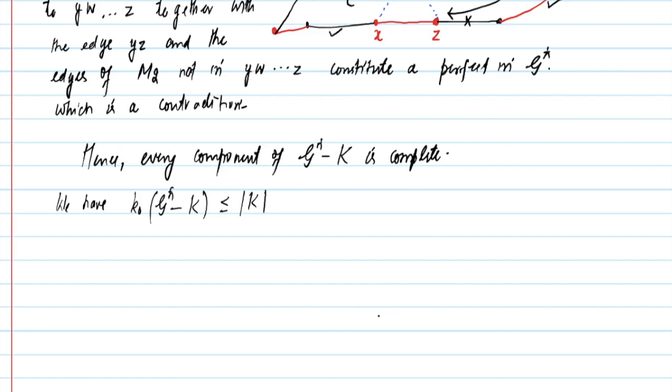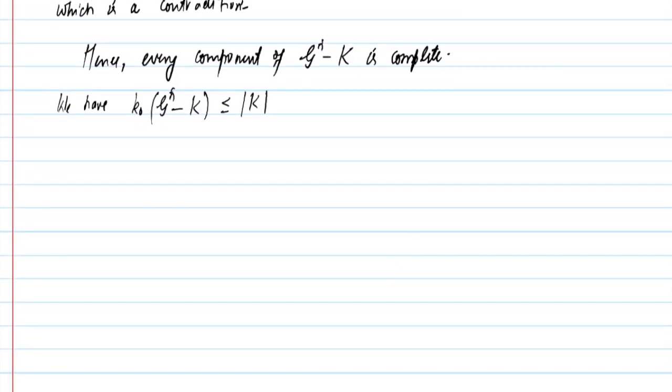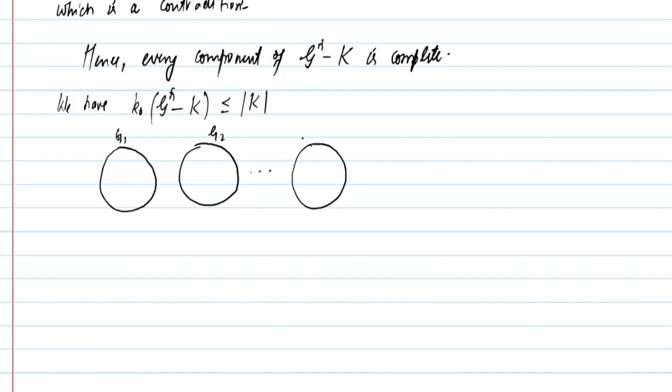Now we shall construct one graph that will help us in writing the remaining details of the proof. Suppose this is an odd component, let's call it G1, and then there is another odd component, G2, and so on, up to another odd component, Gk.